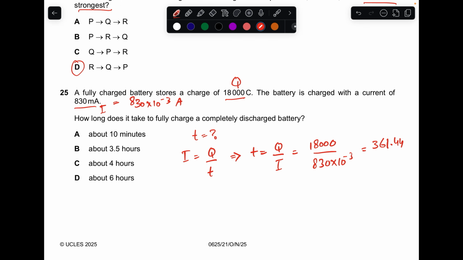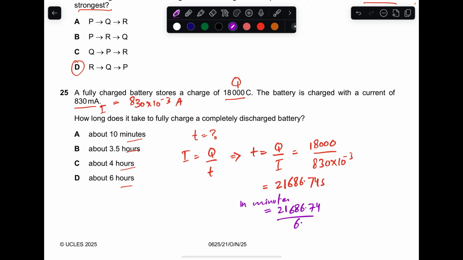When you divide this, you get 21686.74 seconds. But we don't have any option in seconds here. You have to convert into minutes. So to convert into minutes, you have to divide this by 60.